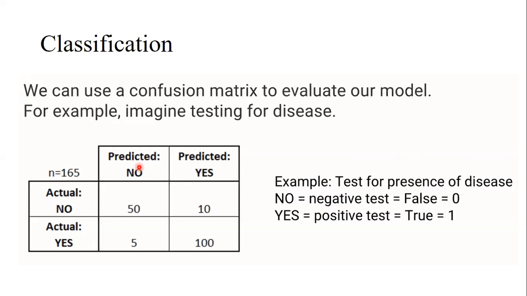Say you have a total of 10,000 data points in your hand. By using a machine learning algorithm, you are categorizing the people who have COVID and who do not have COVID. By using this classification algorithm, you are doing that.